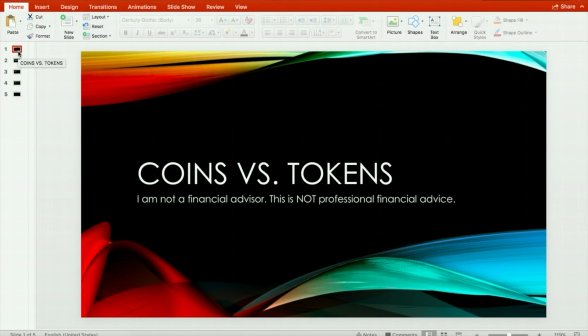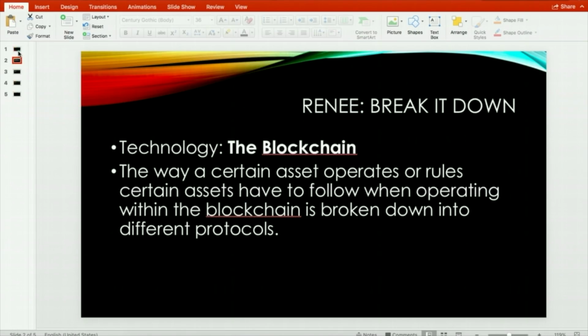All right, so let's try and break it down for you guys. Let's talk about the overall technology. The overall technology is the blockchain. This is what everything in the crypto space is based on. Now, within the blockchain, there are different protocols, and a protocol is basically a way for different nodes within the blockchain to communicate.